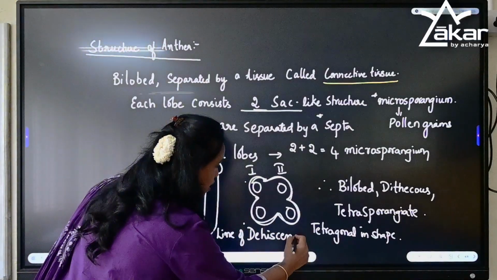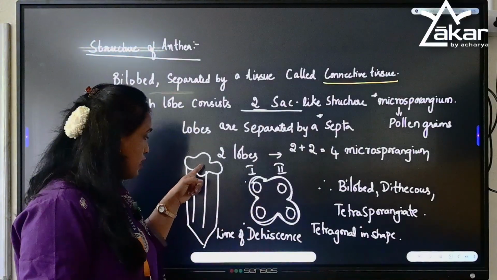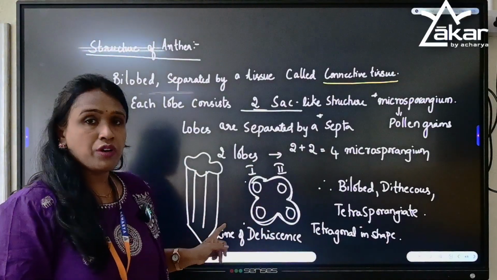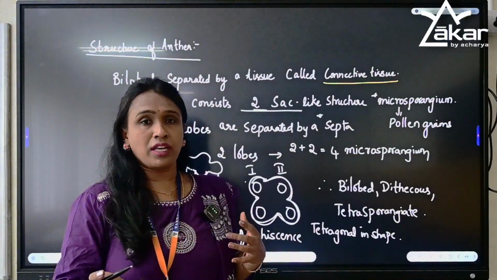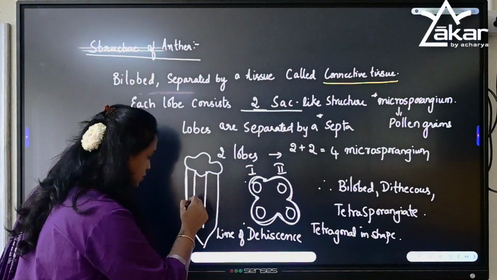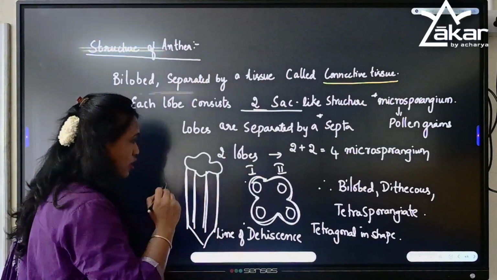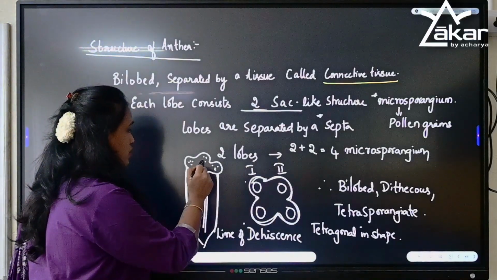When the pollen grains are formed, it is in this groove that the anther will burst out and release the pollen grains when matured. So it runs throughout the anther lobe, and this is where the pollen grains are produced, right?